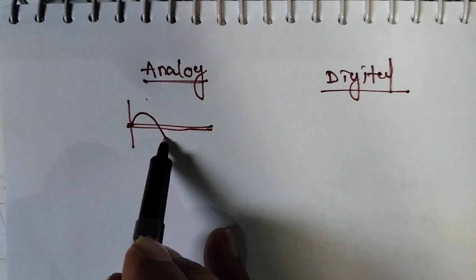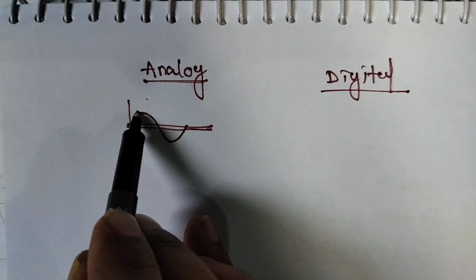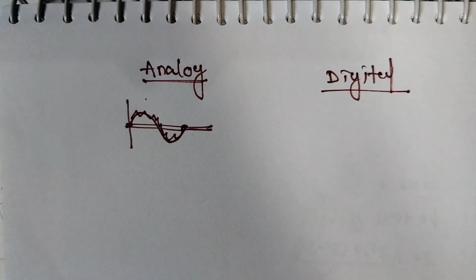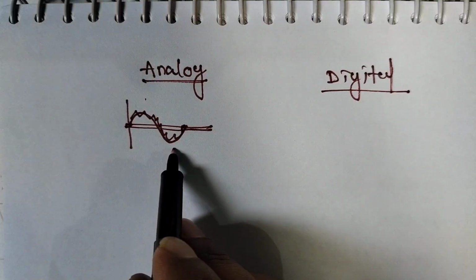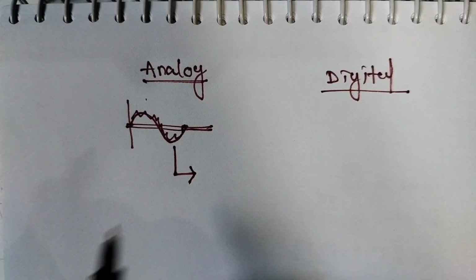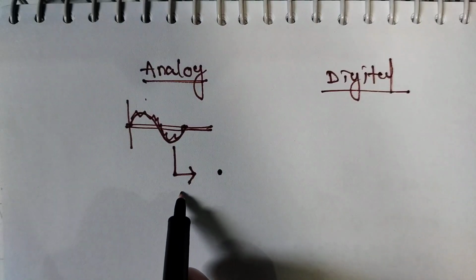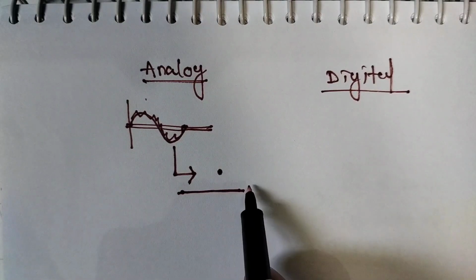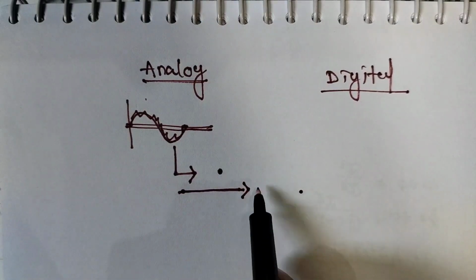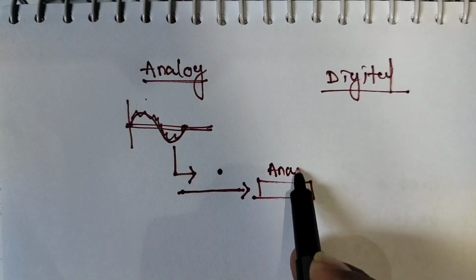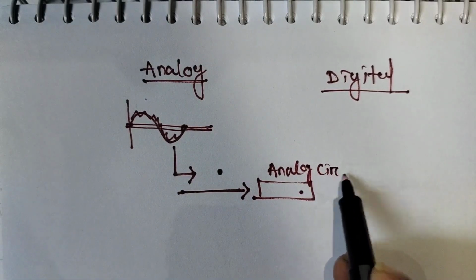When you transmit it to some circuit, some unwanted noise will occur, and the signal is going to be affected. For that reason we need to design a proper analog circuit so that whatever your voice is, we can send it exactly to our system for further processing. For further processing we need an analog circuit.